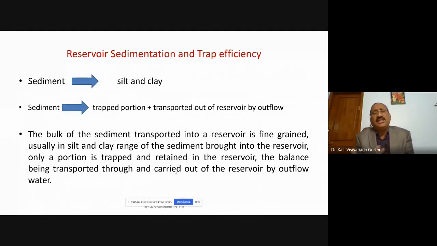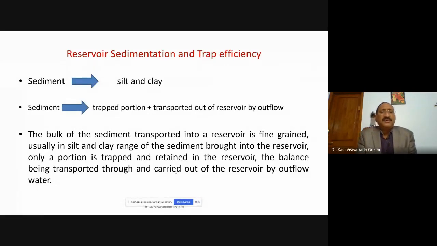So in all these discharges of water from the reservoir, a portion of the sediment also moves, transported along with the flow of water moving out from the reservoir. It is called outflow from the reservoir. So some portion of the sediment will be moved away from the reservoir, and some portion will be trapped in the reservoir. The sum of these two will be the total sediment.